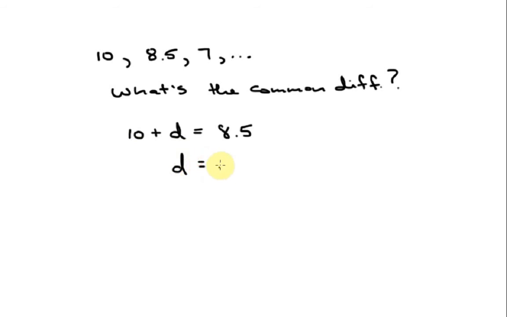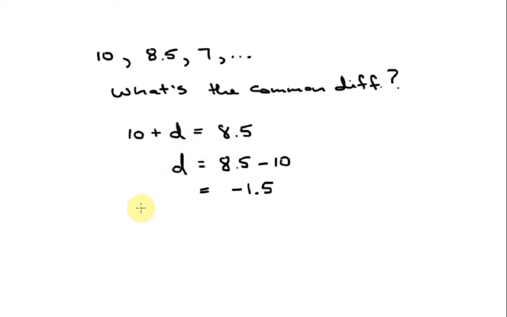So the common difference, D, is 8.5 minus 10, or negative 1.5. So if it were a very complicated series of terms and you couldn't just guess it, it's nice to know that you can just do a little bit of algebra like this and figure out what the common difference is.